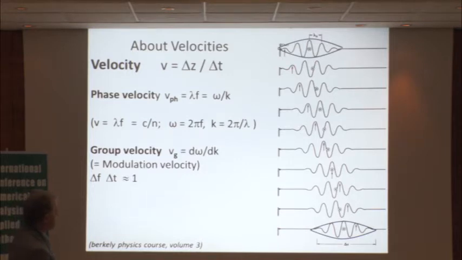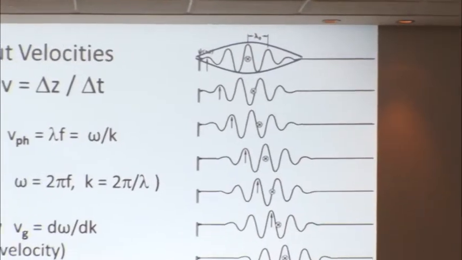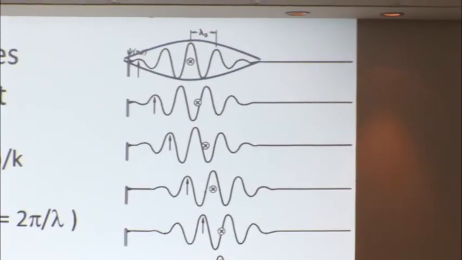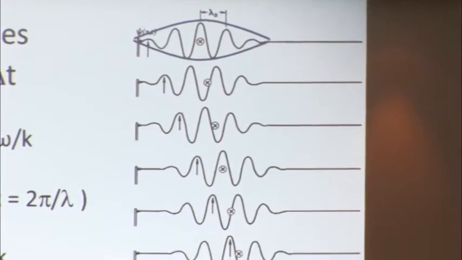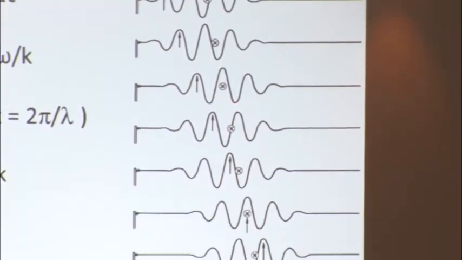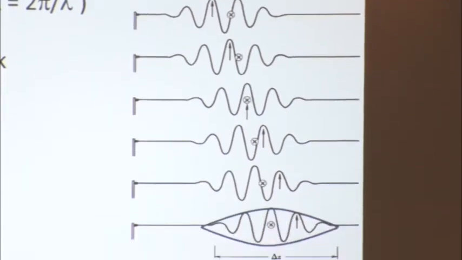The phase is moving this way. And the center, or the group, that's the maximum of my wave packet, is given by this cross. And we see it moves, because here the maximum is here and so on. And finally, we have it here.